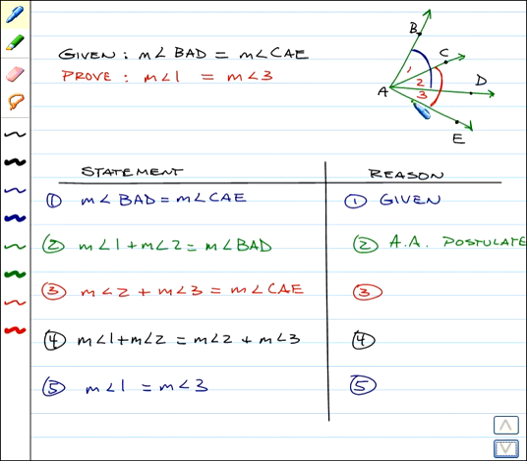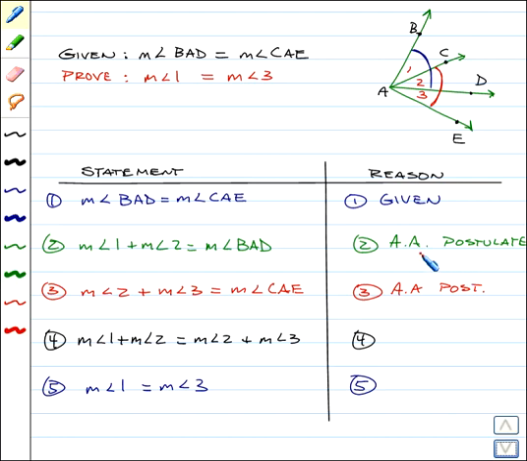All right, from there, the next step is the measure of angle 2 plus the measure of angle 3 equals the measure of angle CAE. That's exactly the same postulate, angle addition. Okay?